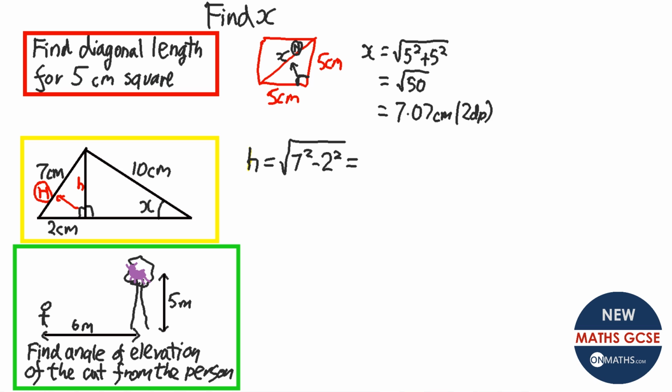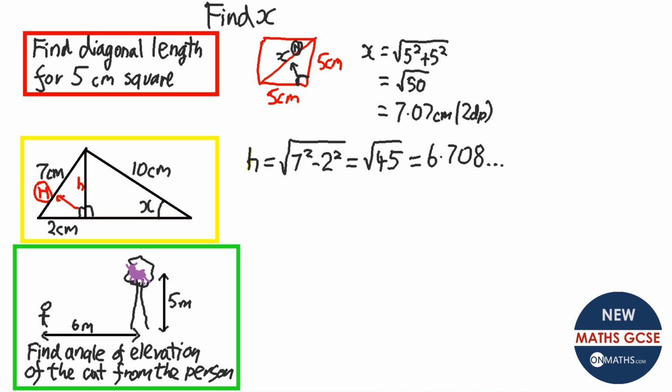So that's going to be the square root of 49 take away 4, which is 45. So when I do that on my calculator, I type in square root of 45 and I get 6.708 blah blah blah.